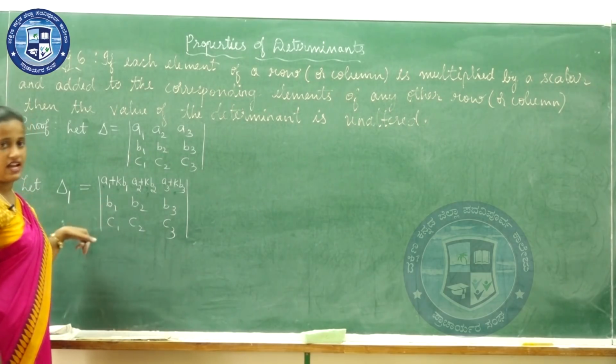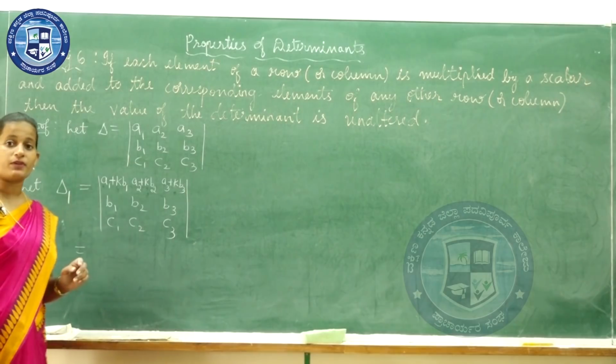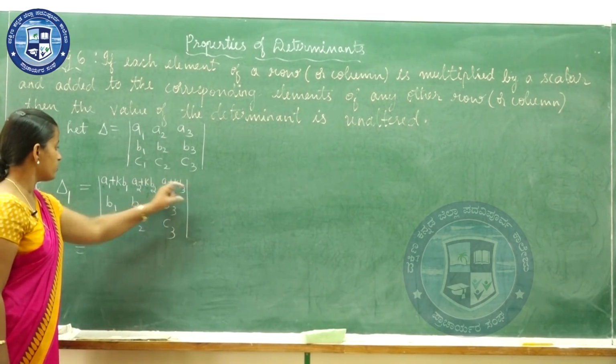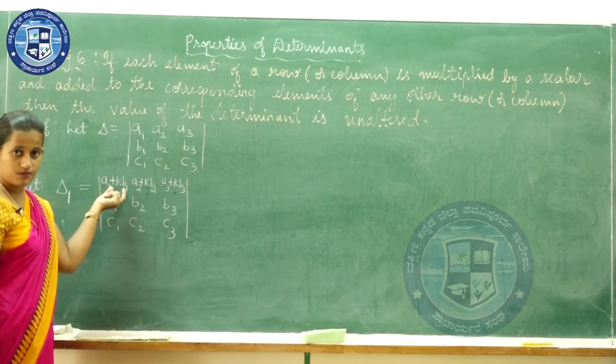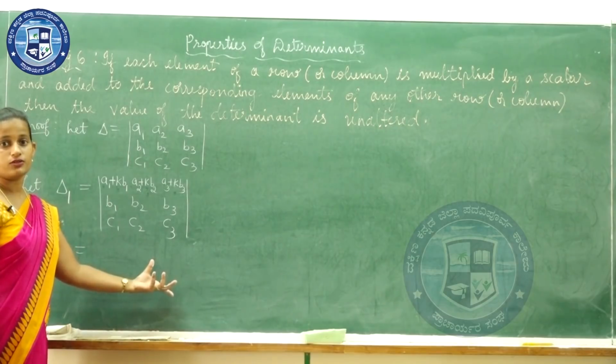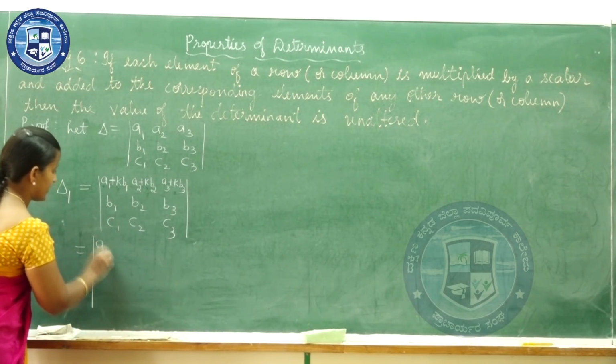So, that is what I have done here. Okay. So, now if you remember property 5, what does property 5 say? If any row is a sum of two terms, then you can write the determinant as sum of the two determinants. So, I will use the property 5 for the next step.